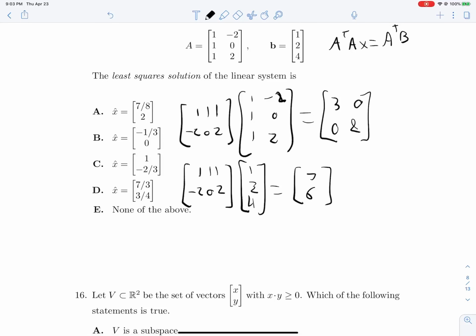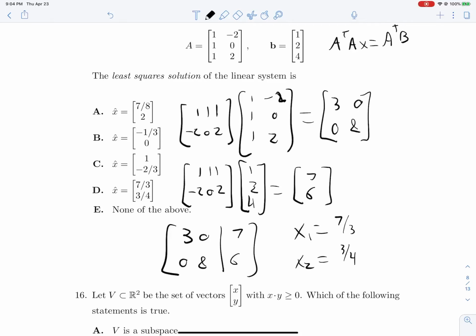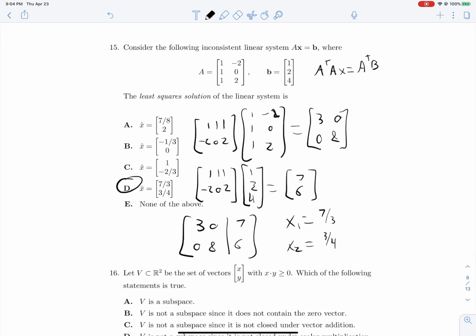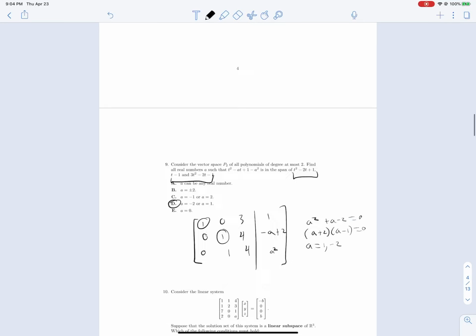Let's solve this system here, and really we're solving the augmented system 3, 0, 7, 0, 8, 6. So x1 is equal to 7 over 3, x2 is equal to 3 over 4. And that is our solution. That is our least squares solution. So 15 is D.